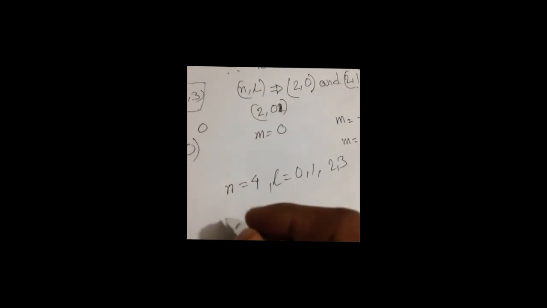Now if we consider another one, n equal to 4. All of them are the same, but if n equal to 4, we will obtain another extra. So if n equal to 4, then l equal to 0, 1, 2, 3. Along with the previous ones, we obtain only one extra n and l set, and it is 4 and 3.